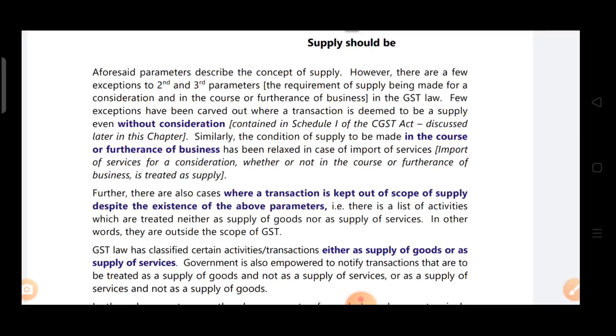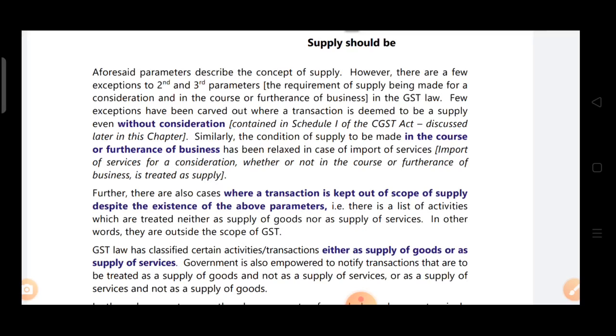But even if all three conditions are present, there is a list of activities which are treated neither as supply of goods nor as supply of services, the activities mentioned in Schedule 3. Despite having all the parameters of supply, they are out of the scope of supply. In other words, they are outside the scope of GST.